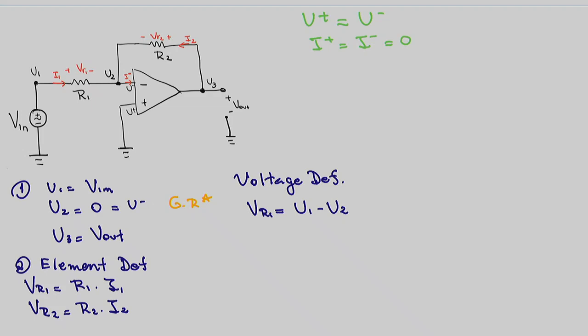So the voltage across the resistor is U1. Potentials and currents are unknowns. Now for resistor 2, which potentials is resistor 2 in between?